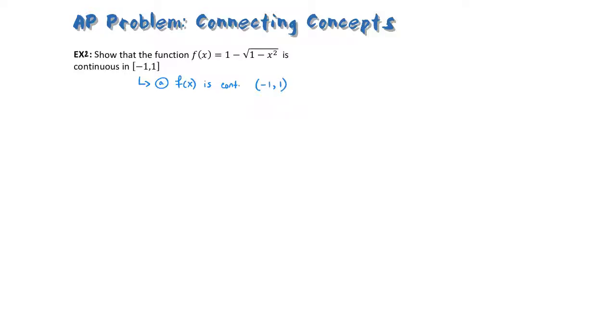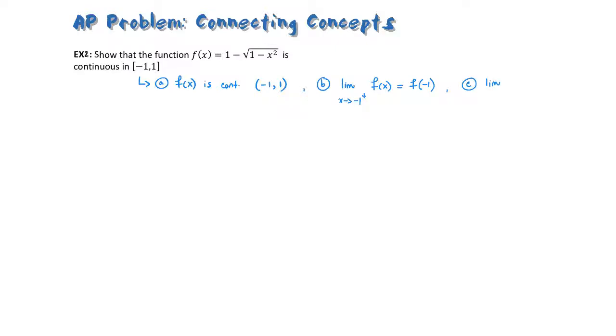That's going to be task number 1. And then B, we're going to have to show that f of x is right continuous. We're going to show that the limit as x approaches -1 from the right of f of x is equal to f of -1. And C, we are going to have to show that f is left continuous at 1.